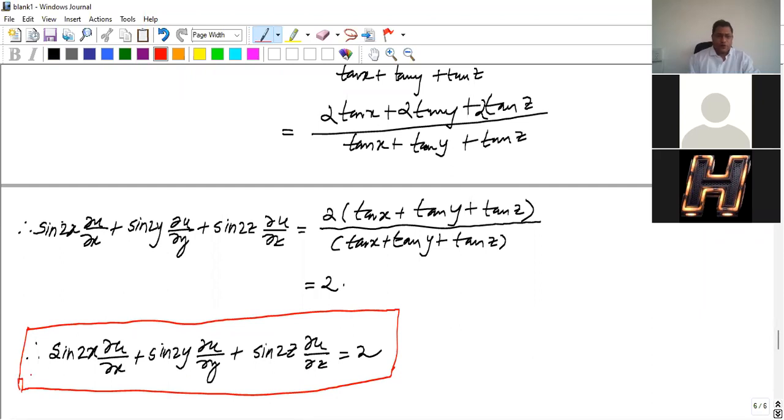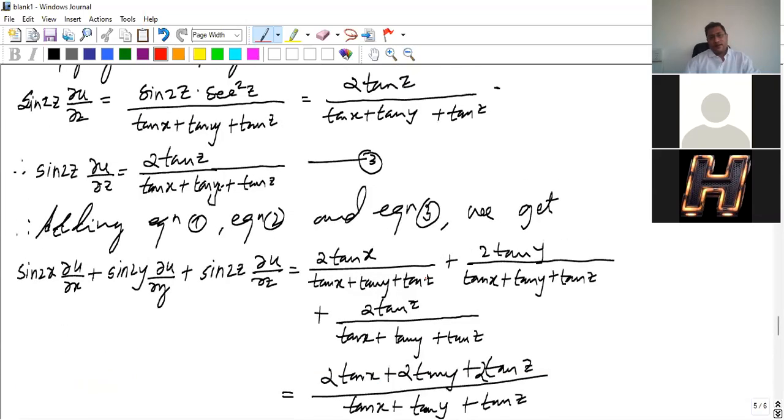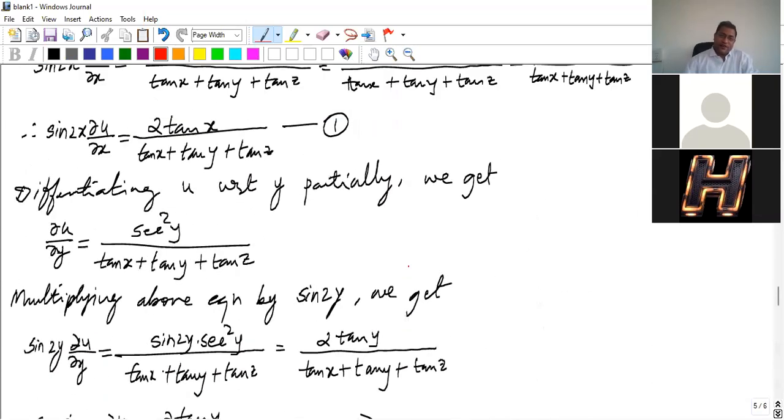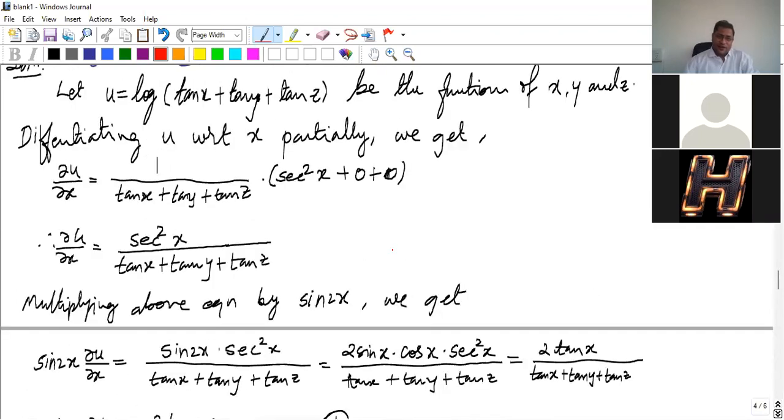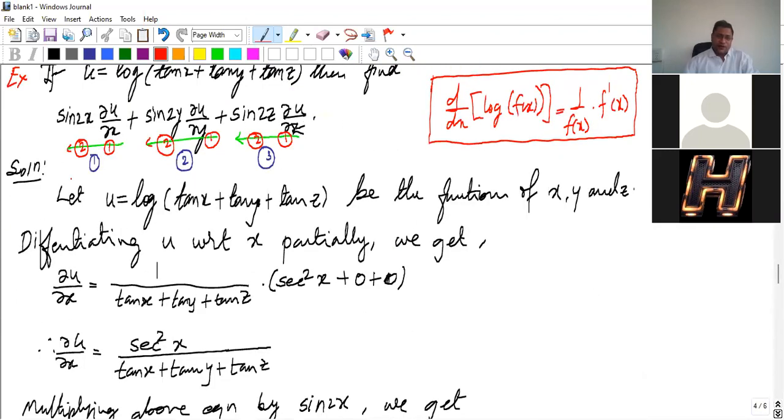So you can see if we try step by step and write it properly, then definitely we are going to get the correct answer. Here we followed these steps.